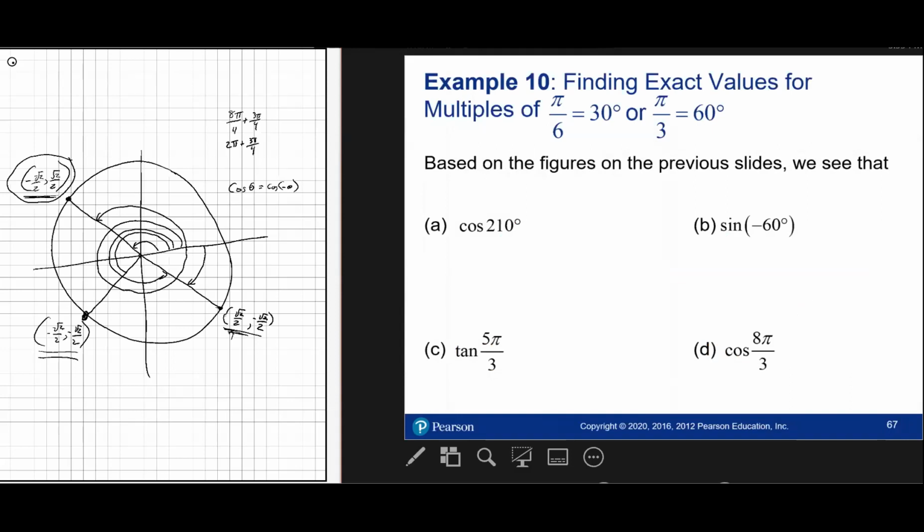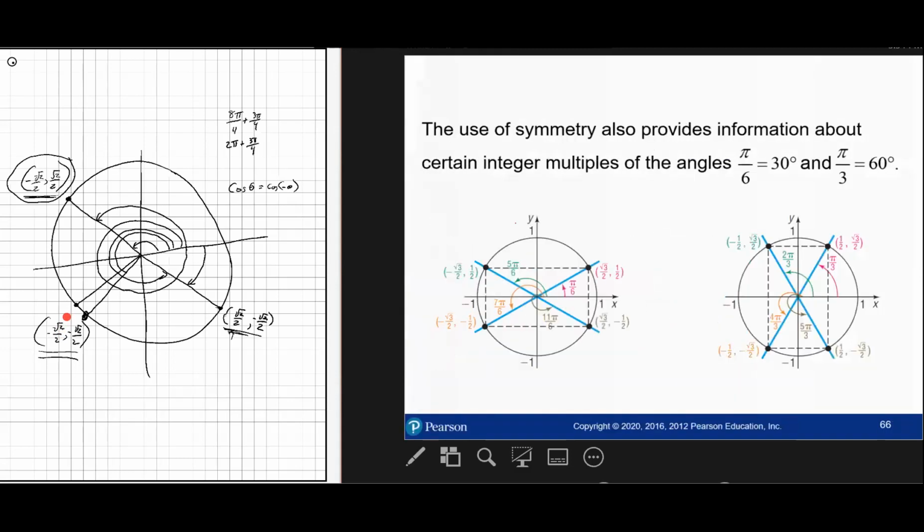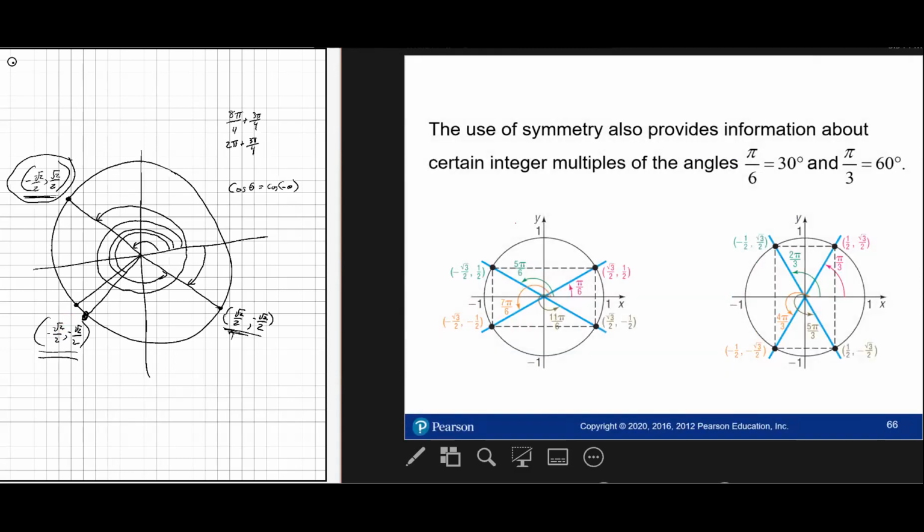So cosine of 210 degrees. Well, 210 degrees is in the third quadrant. And let me see. So we're talking over here with this one. Oh, where'd my mouse go? There it goes. Okay, so this point and this point have symmetry across the origin, and so the numbers will be the same except they'll be opposite signs. So negative square root of 3 over 2 and -1/2.